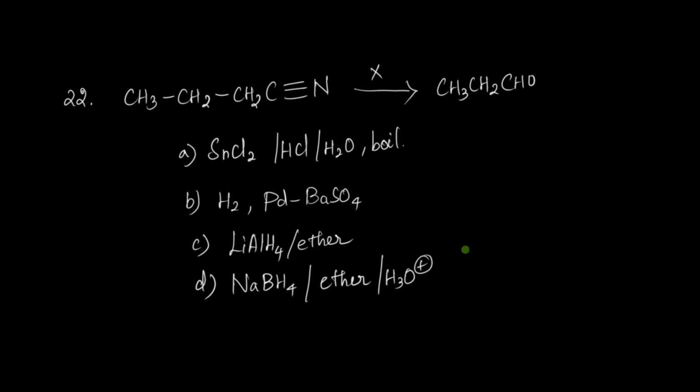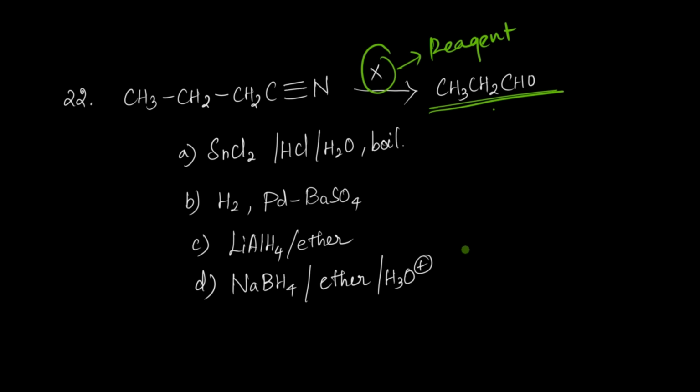Then this question is talking about CH3CH2CH2Cl in the presence of X, that is our reagent, to give CH3CH2CHO. You can see one carbon less in the product. So what is the reagent used over here? SnCl2, HCl, H2O with boiling.